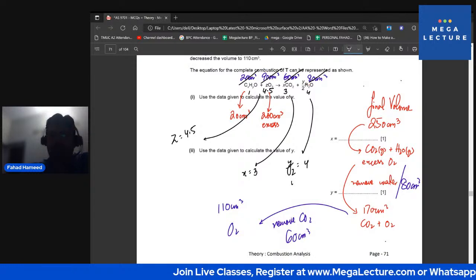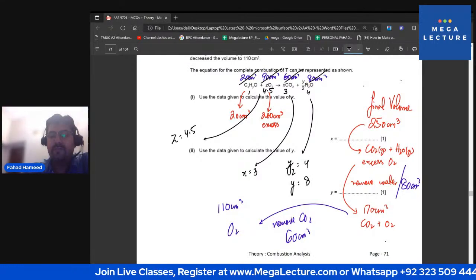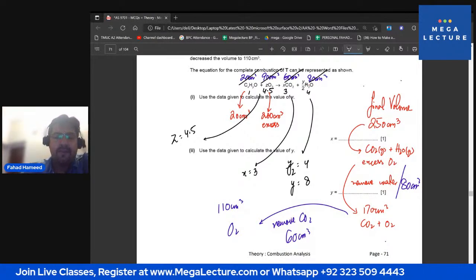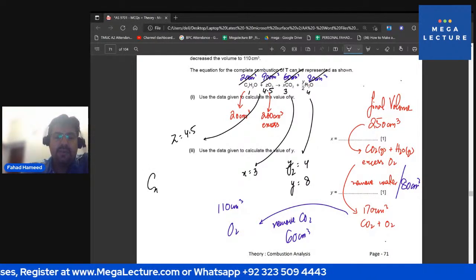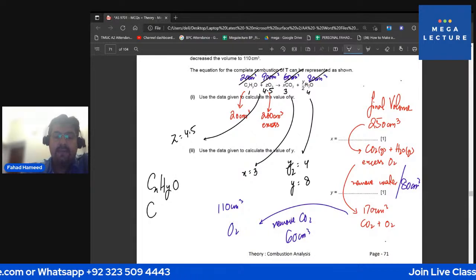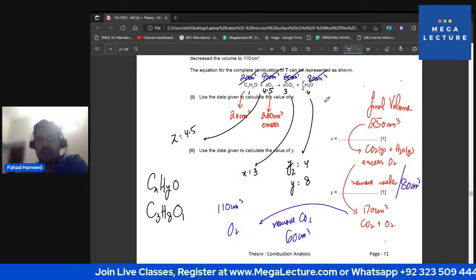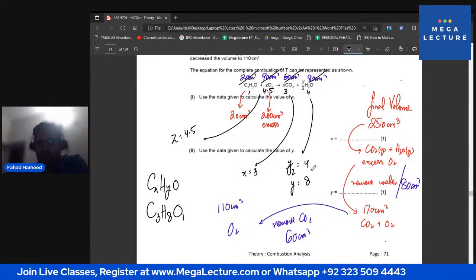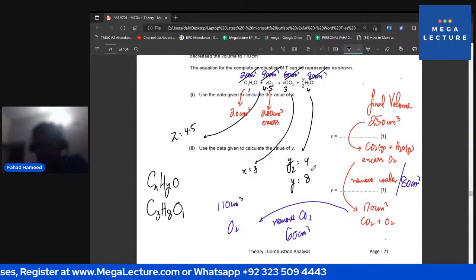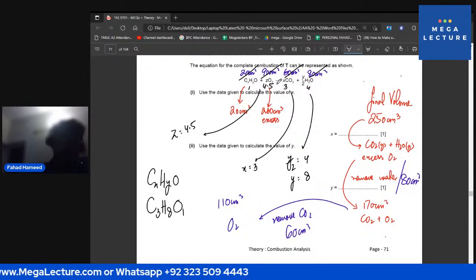So that translates to Y having a value of 8. So my formula, which was CxHyO, is in fact X is 3, H is 8, and O was already 1. We already knew that.